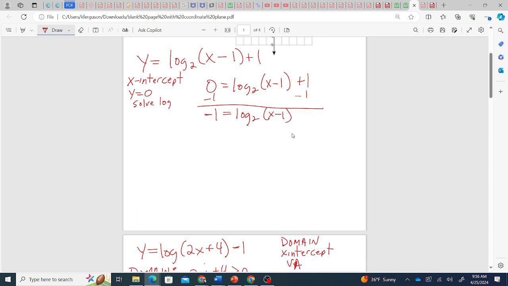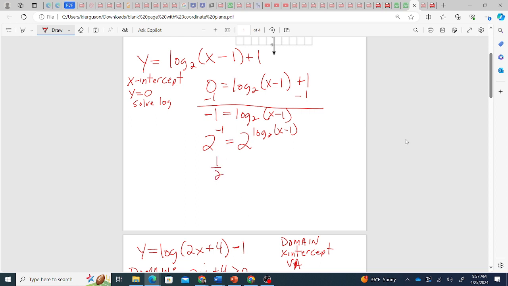Yep. Now I exponentiate. I take my base of 2 and make that my base, and then make what is in my function the exponent. Now that I did that, these two things cancel each other out. So I'm gonna have 2 to the negative 1 power. 2 to the negative 1 power is 1/2.